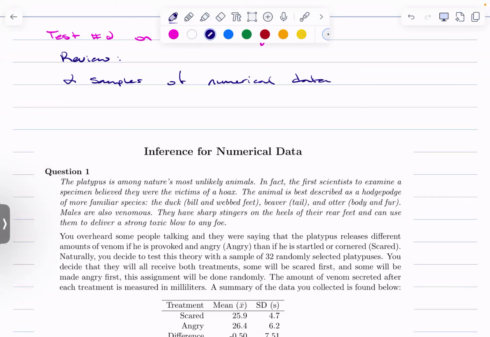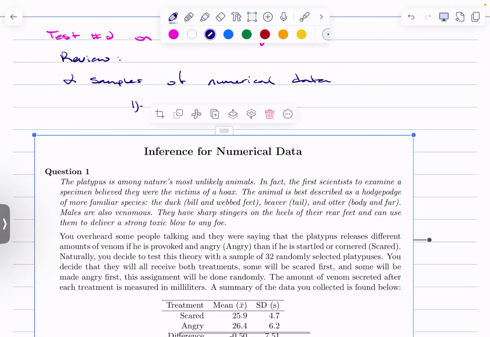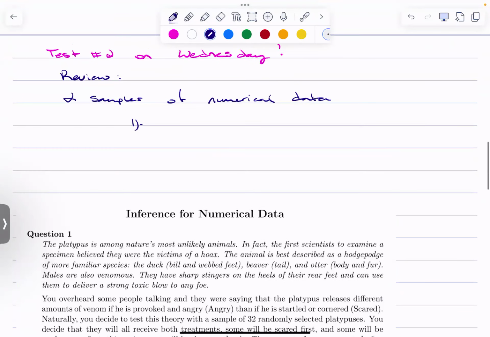The first way that we could consider these two samples is if they're paired. I've got sample 1 and sample 2, but they are from the same subject. Two measurements on the same subject.